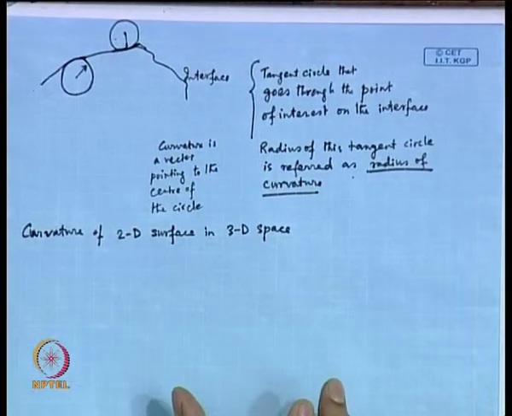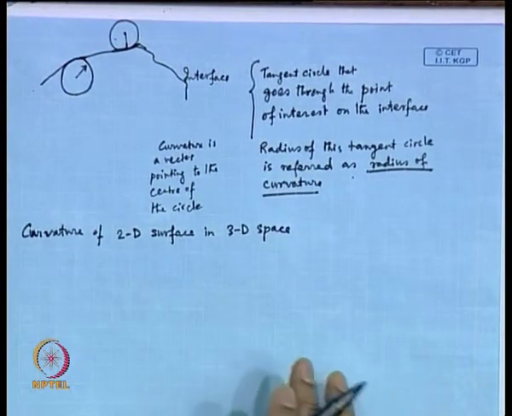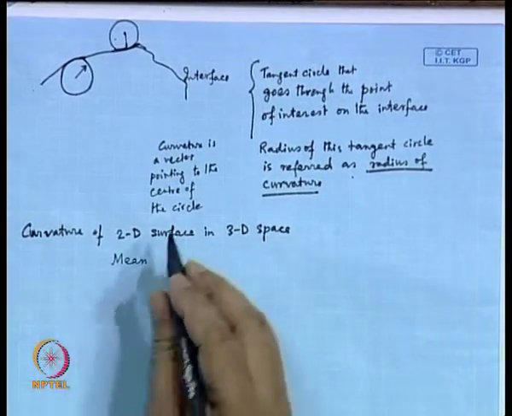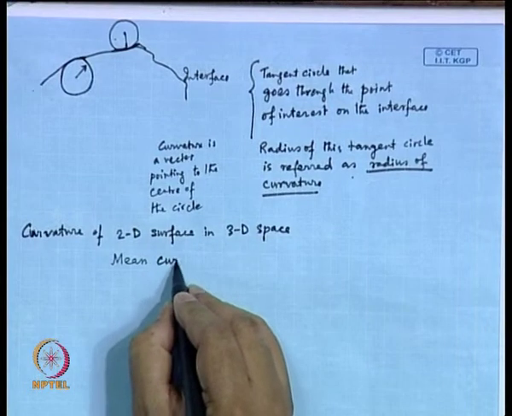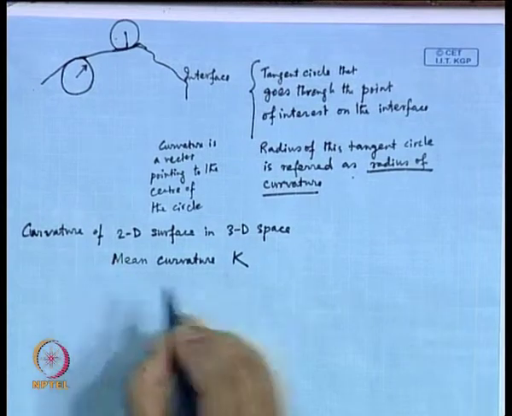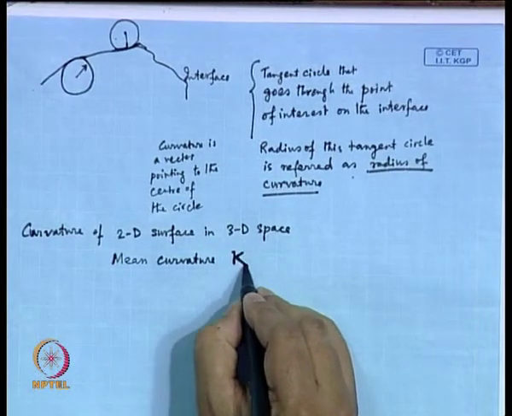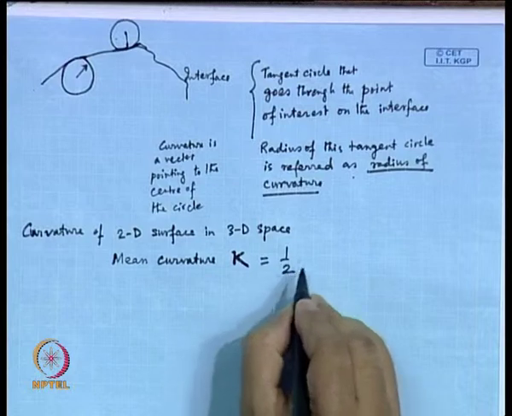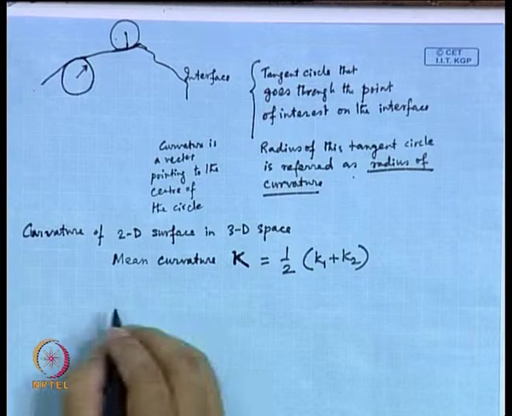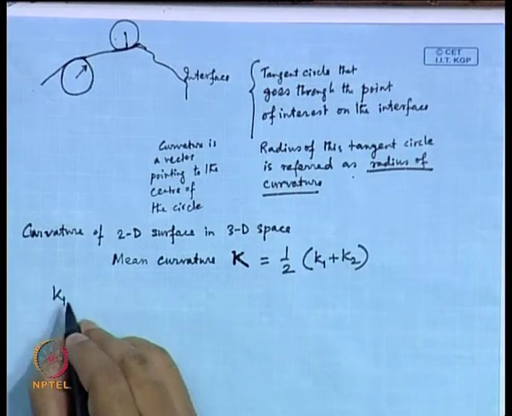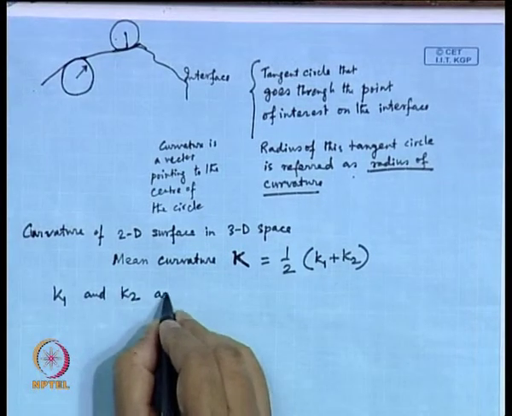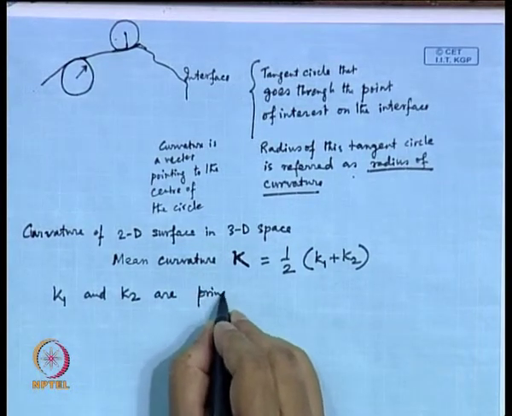Basically, what you write here is something called a mean curvature, which is given by this term, let us call it k, which is equal to half of k1 plus k2, where these two quantities k1 and k2 are principal curvatures.